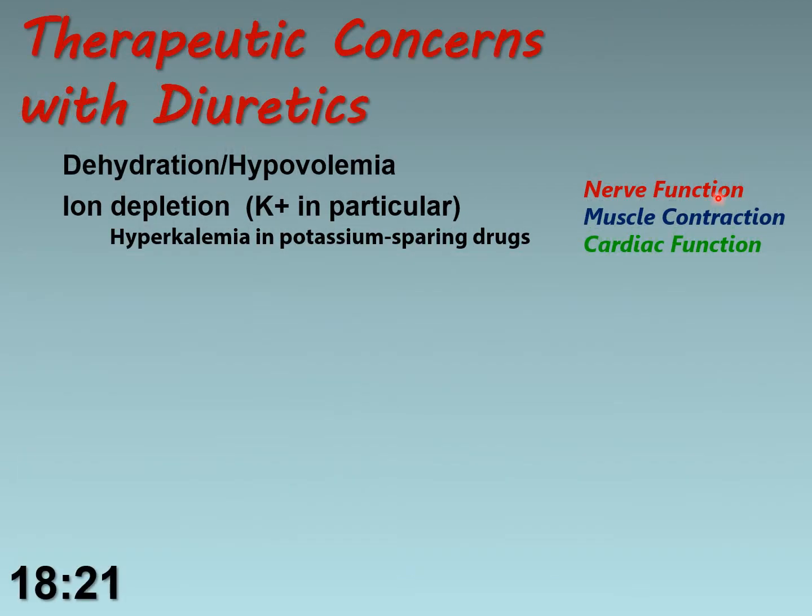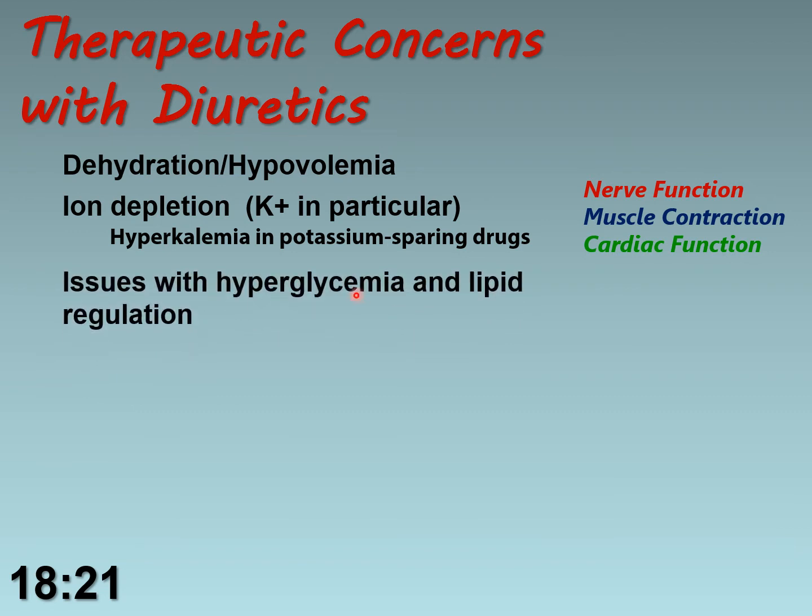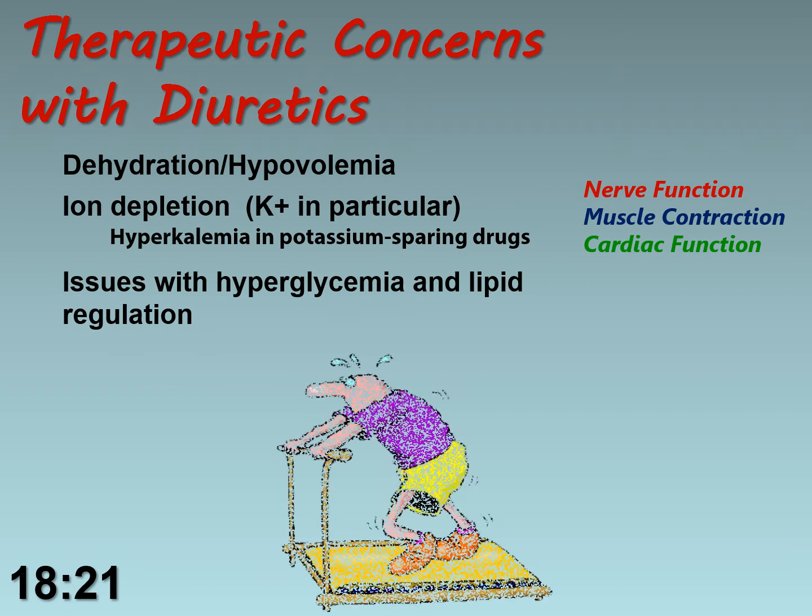So we have potential issues with muscle weakness and cardiac and nerve function. Well, there's also this sort of idiopathic scenario with diuretics, and that is that it may affect your glucose and lipid handling. So you may see hyperglycemia, hyperlipidemia.